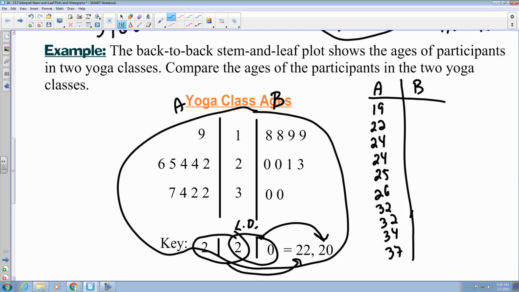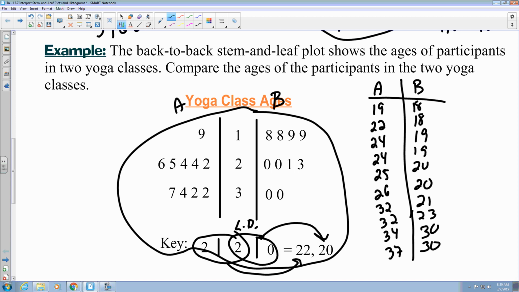When you're looking at yoga class B, you had participants that were 18, 18, 19, 19, 20, 20, 21, 23, and 30, and 30.